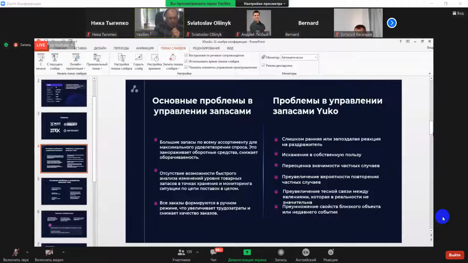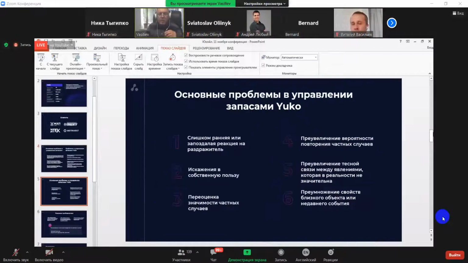We have distortions for benefit. We have reevaluation of the importance of initial singular cases, or maybe we have also overestimation of the possibility of repeating such cases. We have overestimation of the connection between some events that are not important for the reality.